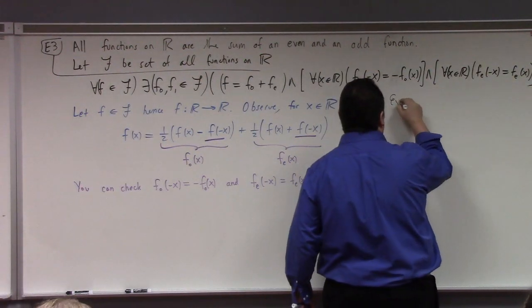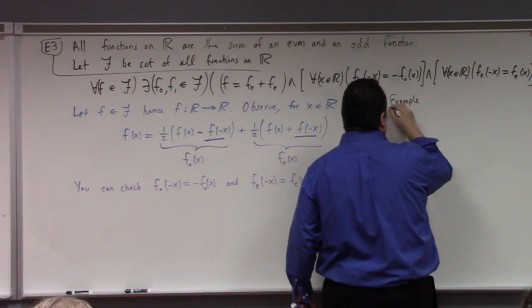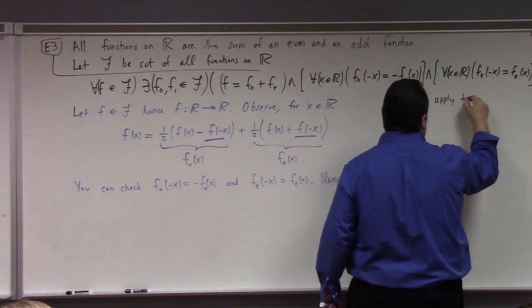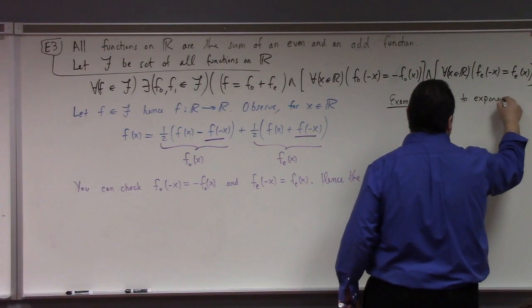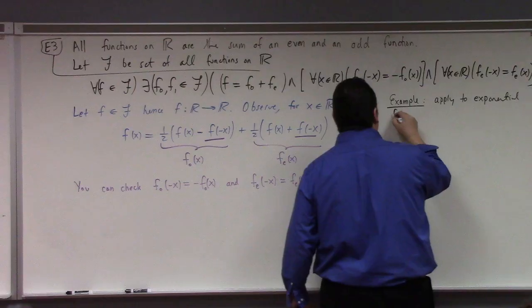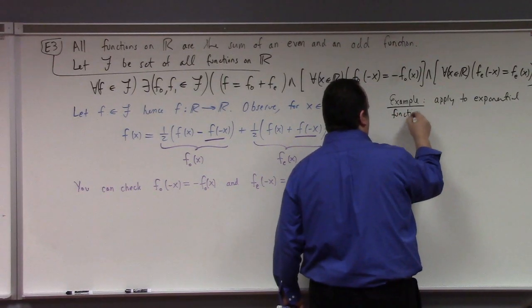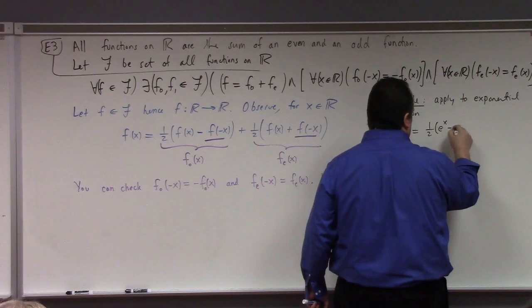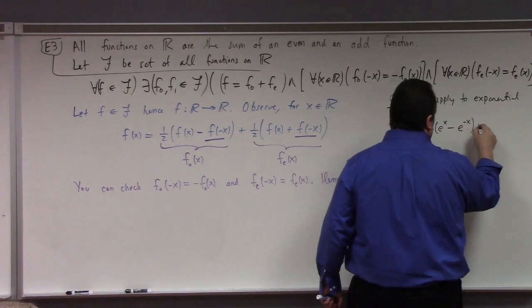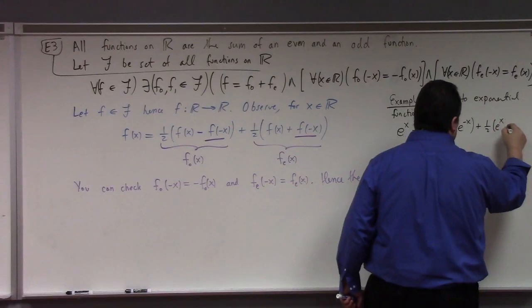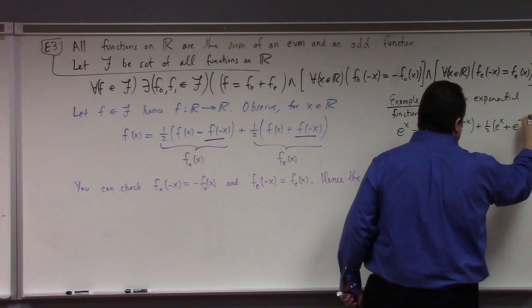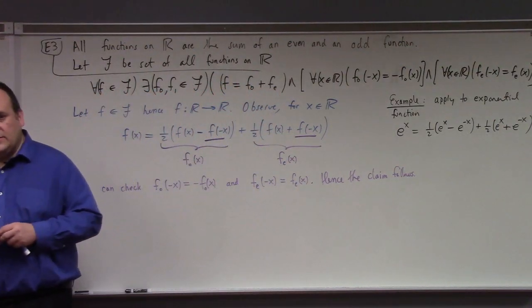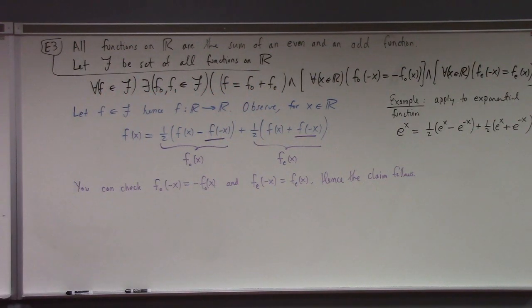An example of this that's near and dear to my heart is to apply it to the exponential function, right? If we look at e to the x is equal to 1/2 (e to the x minus e to the minus x) plus 1/2 (e to the x plus e to the minus x), this is a decomposition of the exponential function into an even and an odd function.